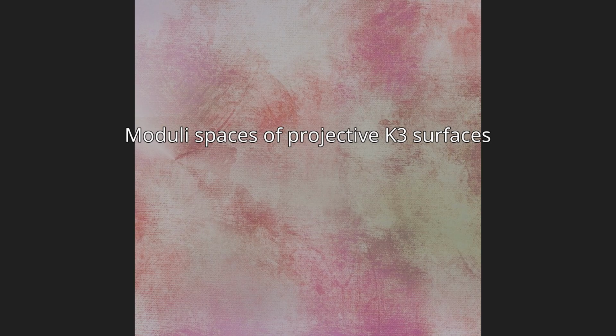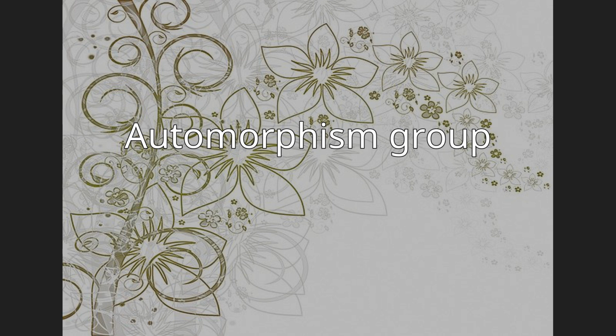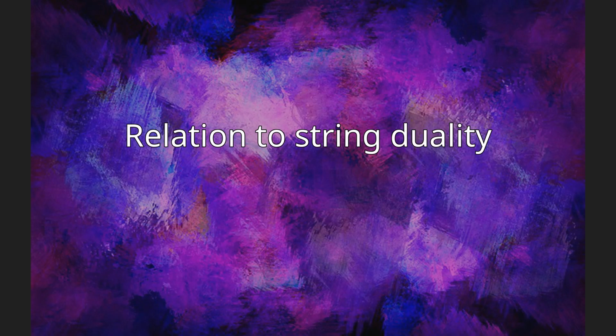The period map. Moduli spaces of projective K3 surfaces, the ample cone and the cone of curves, automorphism group, relation to string duality. K3 surfaces appear almost ubiquitously in string duality and provide an important tool for the understanding of it.